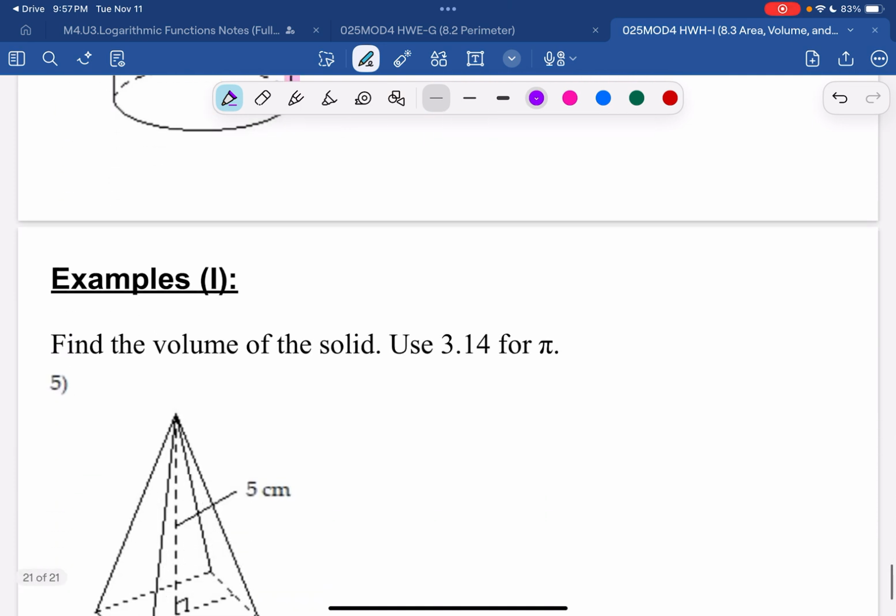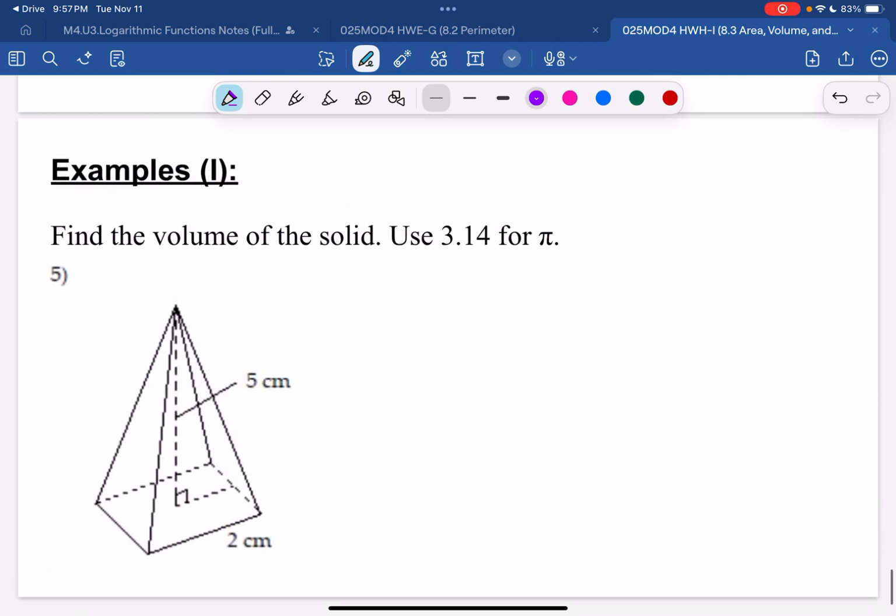Let's look at one more. We'll get a pyramid. The formula for a pyramid's volume is 1/3 times side squared times h. Here, this is my side, and this is my height, because you can see it makes that 90-degree angle with the bottom.